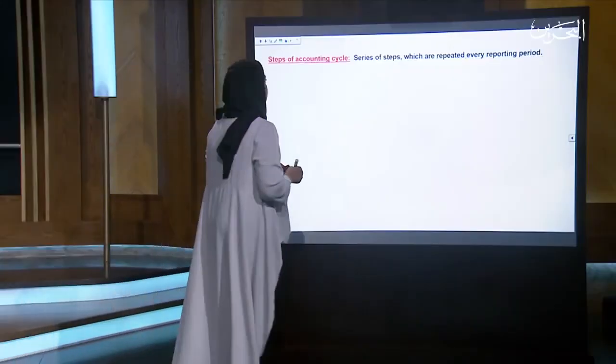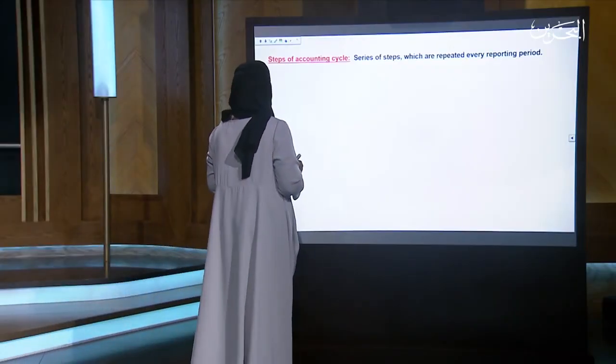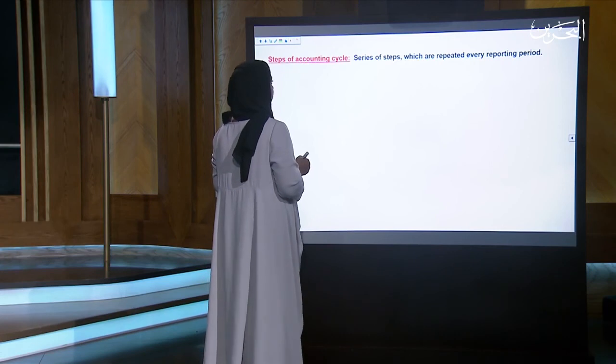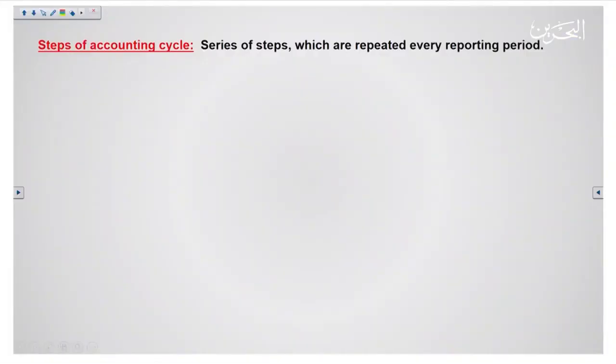As a summary of all the information and the skills that we are going to learn from Accounting 1, Accounting 2, and Accounting 3, we have prepared the steps of the accounting cycle.